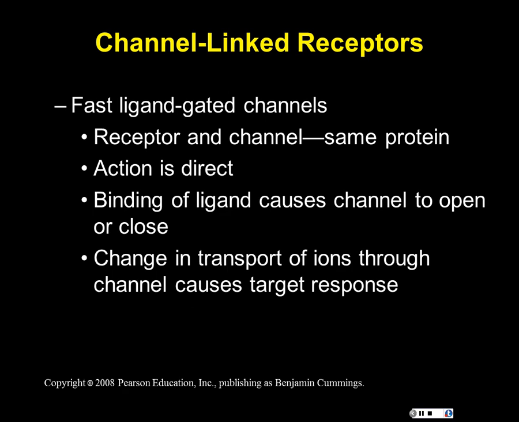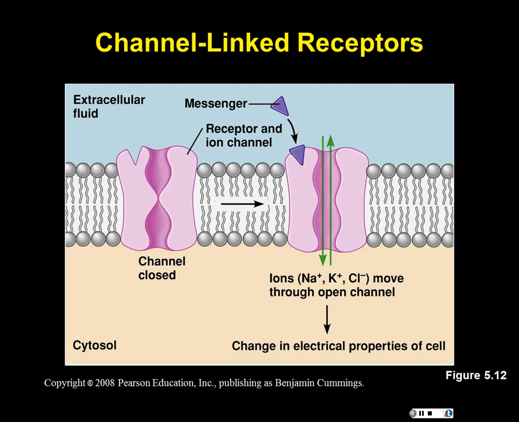And we know that when the channel opens, specific ions can move through that particular channel. So Figure 5.12 will help illustrate these fast gated channels. You can see the receptor site, you can see the channel, and hopefully you can see that it's gated. In this case, the extracellular messenger is present, the channel opens, and now it's permeable.